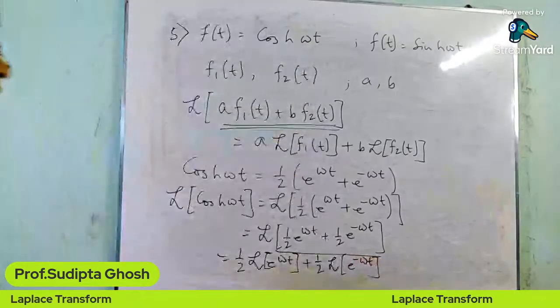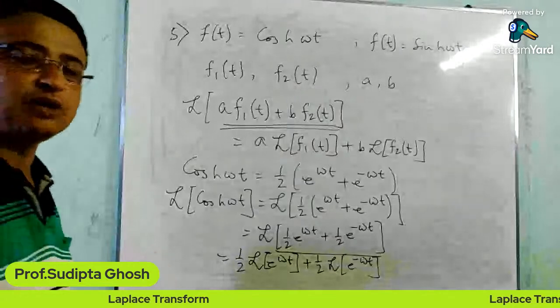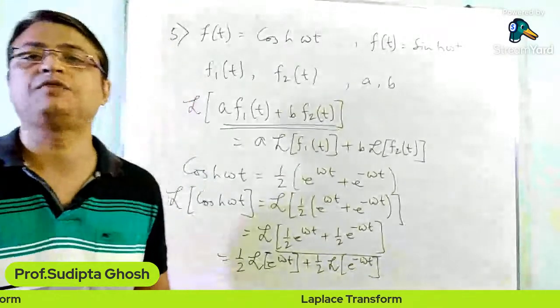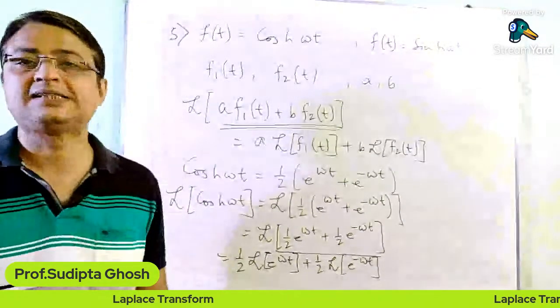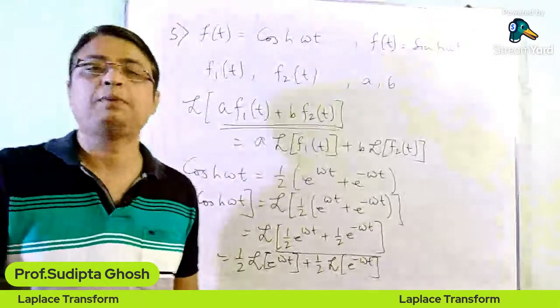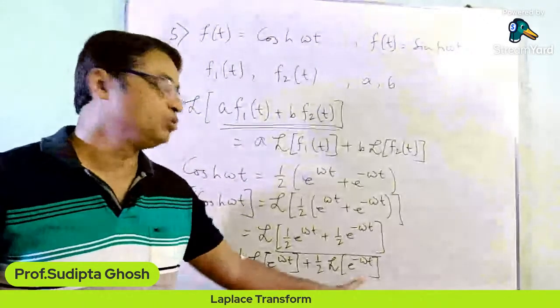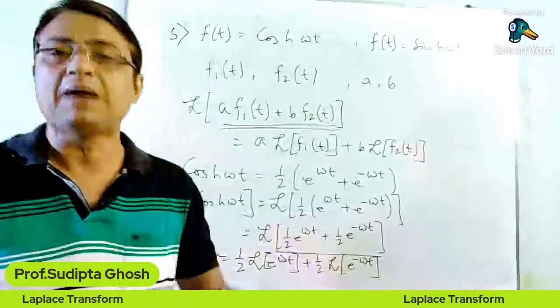Now just by putting their values, we have just derived that the Laplace transform of e to the power omega t is 1 by s minus omega, and the transformation of e to the power minus omega t is 1 by s plus omega.